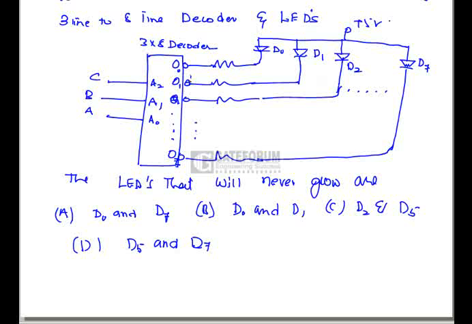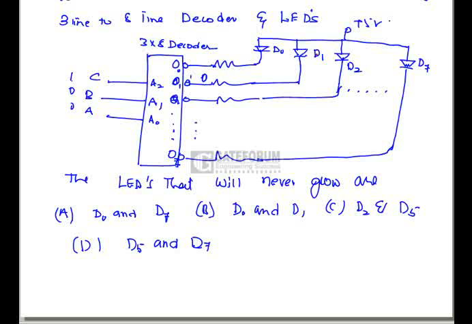The bubble indicates 1 in normal position. O0 is having 1. Suppose I give 0 0 1 as an input to the 3 to 8 line decoder, O1 is selected, meaning the output at this position is 0. 0 means here is 5 volts, so the diode is going to be in conducting mode.